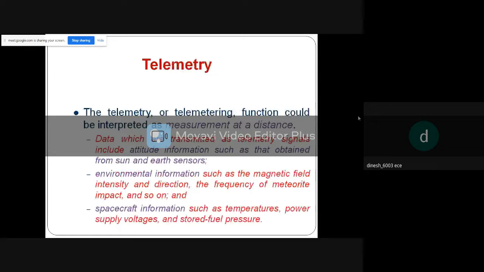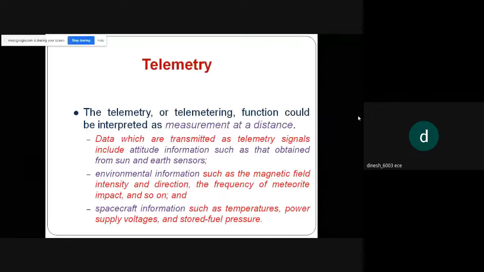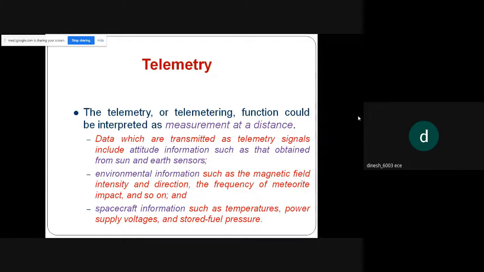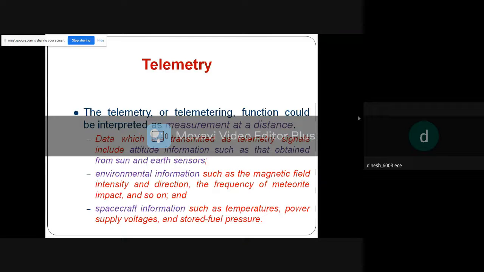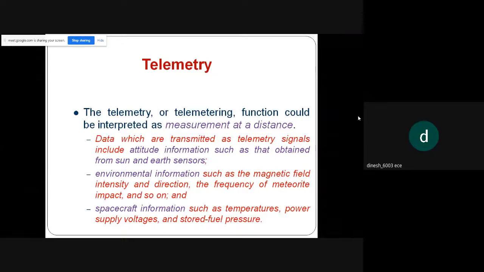So let us see what the first T stands for. The first T stands for telemetry. Telemetry or telemetering is a function that can be called measurement at a distance. Without physically touching, data can be acquired through some type of sensing, which we call the function of telemetry.